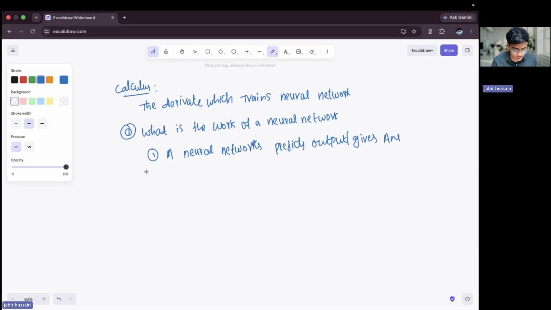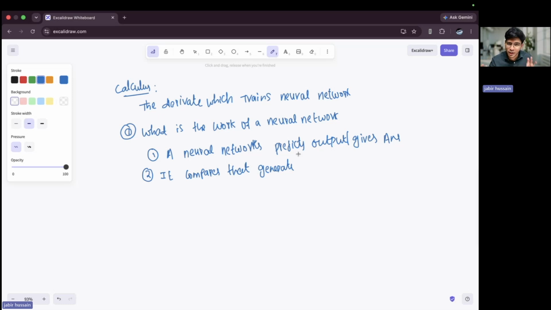Imagine it takes input and does something. We don't have to care right now what it does, but it does some sort of math, and after doing the math, it gives you output, right?